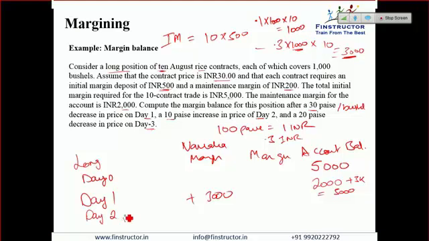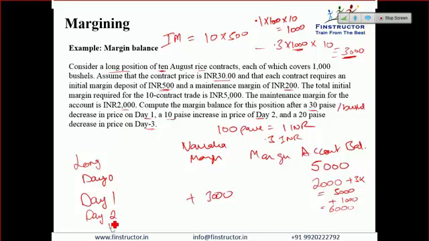So if there's a gain of 1,000, then your balance will become 6,000. In such a case, you may even be allowed to withdraw 1,000, just like you had to deposit an additional 3,000. Now let's assume you don't withdraw.